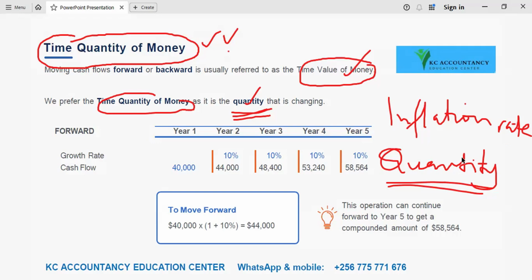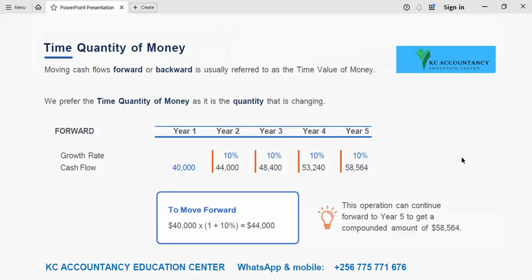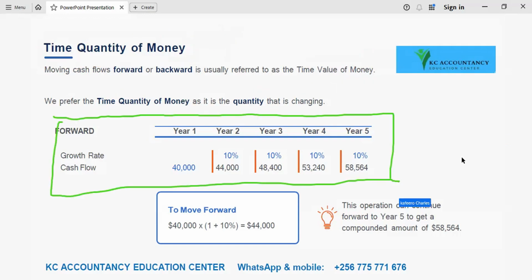Now, let's bring in this small diagram. I want us to look at this diagram right here. In this simple example, the first thing you can notice is that some numbers are in blue font.